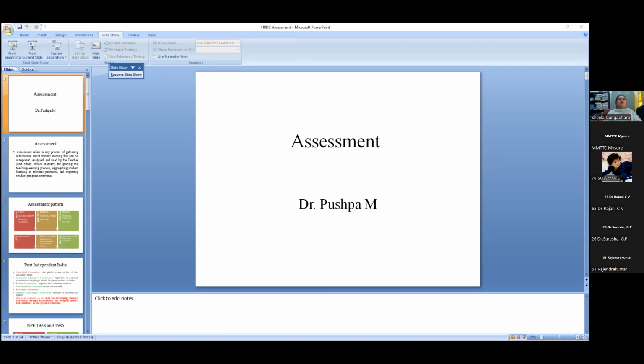Then I told about assessment in the previous slide, that is assessment of learning. So here NEP 2020 has suggested we have to look at three approaches of assessment. Those three approaches are assessment of learning, assessment for learning, and assessment as learning also. Then what is assessment of learning?